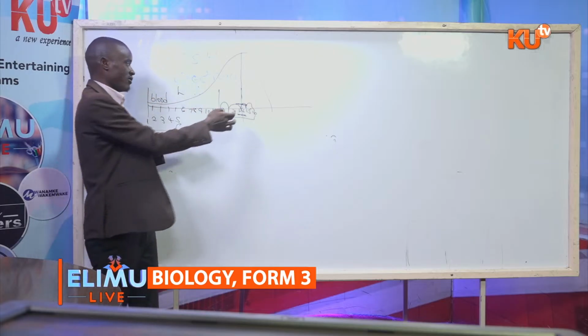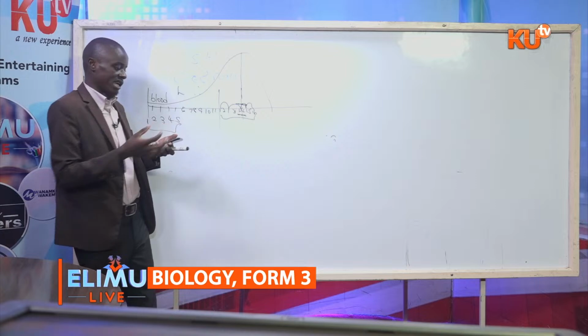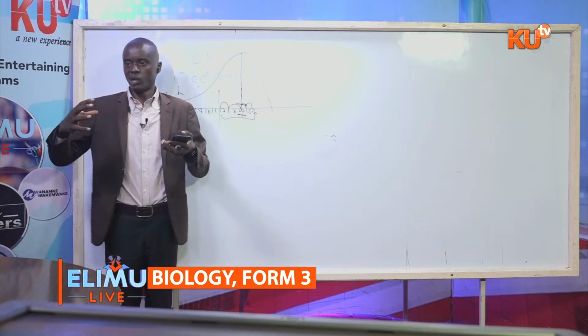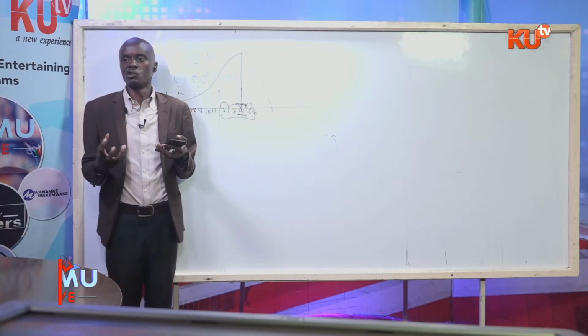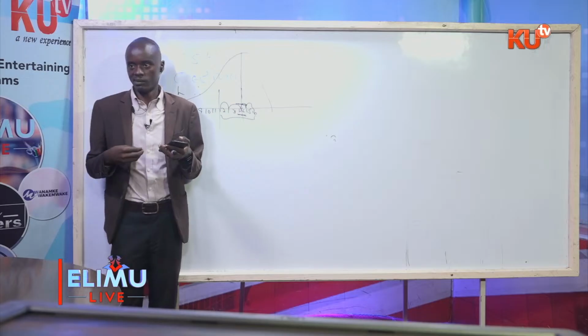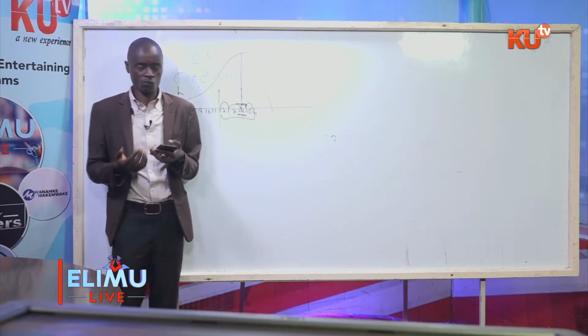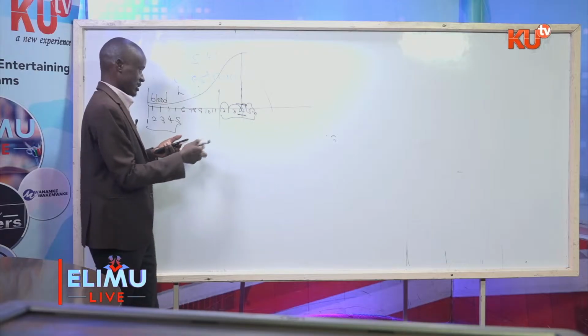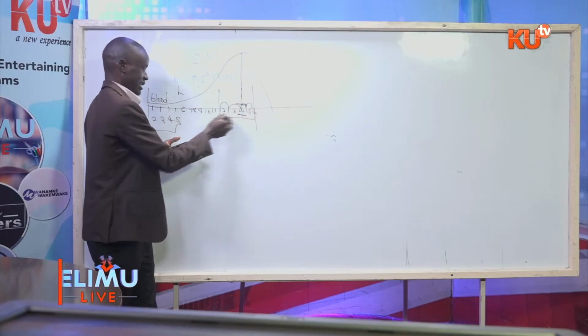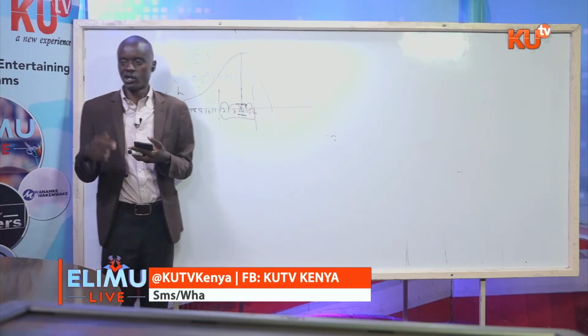Because once the ovum is released, then when the sperm is introduced into the reproductive system, the chance of conception is very high. Now, these are what we call the fertile days and also the safe days.